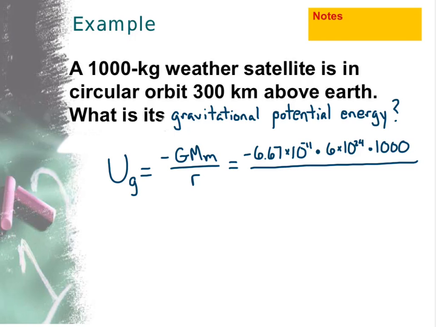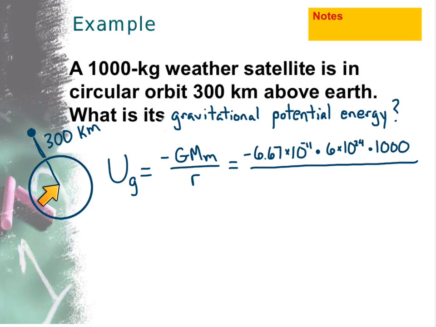Now r, just like with force, is not just 300 because this is 300 kilometers above the Earth's surface. So if we think about it, our weather satellite's above Earth 300 kilometers, but that just means that this distance right here is 300 kilometers.